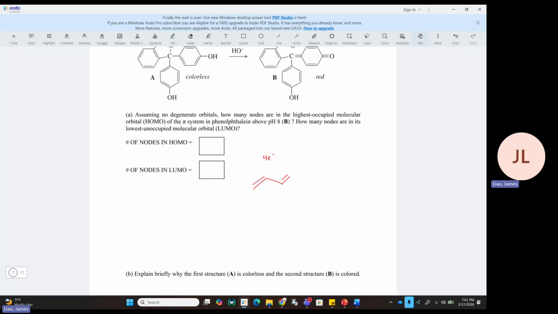Remember the ideas of bonding and anti-bonding back in the Gen Chem days, probably almost a year and a half ago. So it's going to form orientations of these molecular orbitals to form these bonding and antibonding configurations. And so one way I could do this is to have them all in phase with each other.